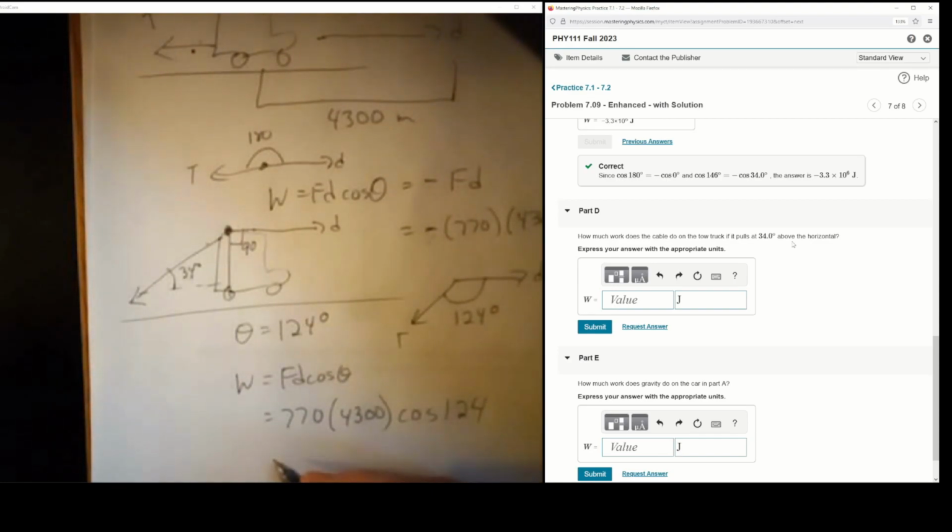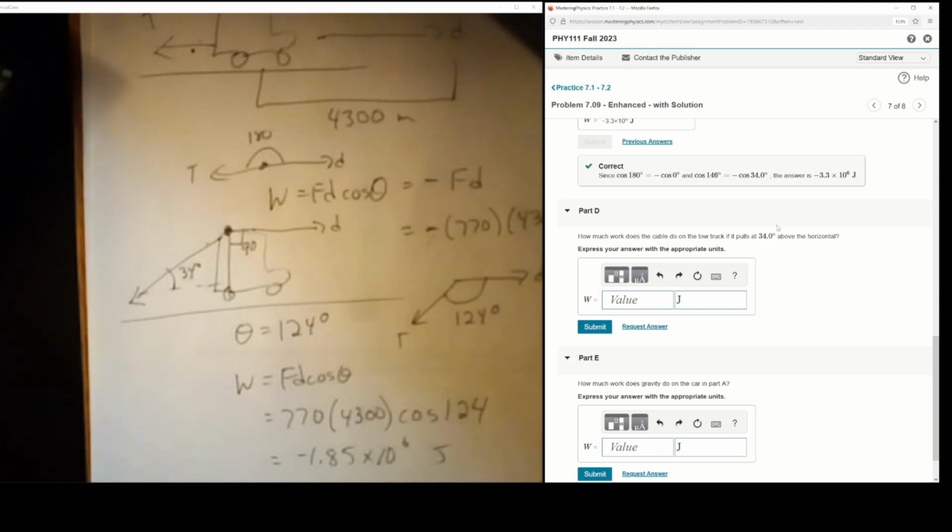So again, the tension is pulling back on the truck, trying to slow it down, so it's taking energy away.